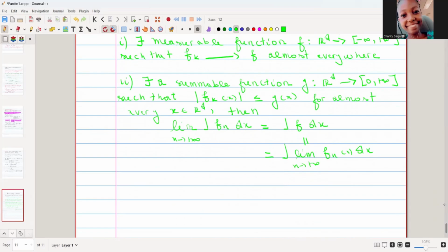Now, we are going to apply the Lebesgue dominated convergence theorem here to this function. This is our function, or sequence, x in [0, 1].